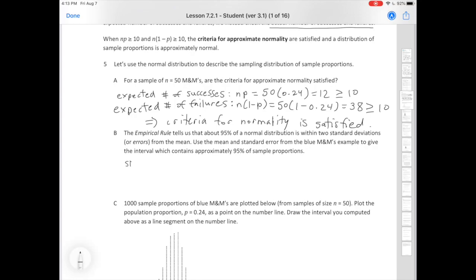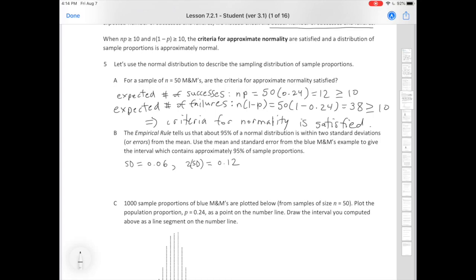Well, if the standard deviation is 0.06, then what would 2 times the standard deviation be? If you multiply that number by 2, you get 0.12. So we need to go in either direction that much.